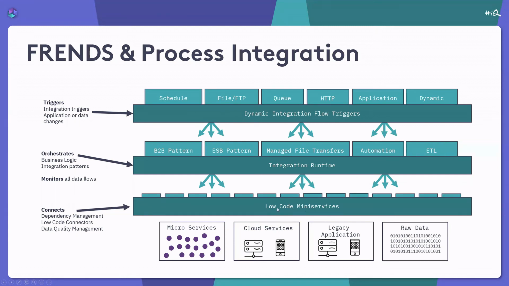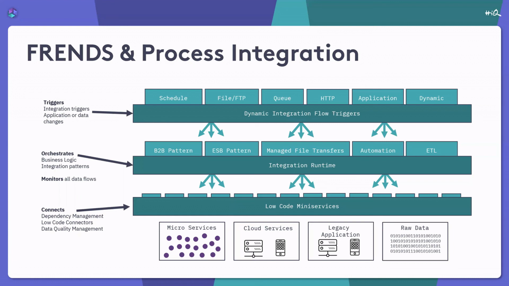And the ideology behind there is that you can almost think of the mini service as a connector or a reusable functionality to access some data or service or endpoint in a specific location. And the specific location here is really important.